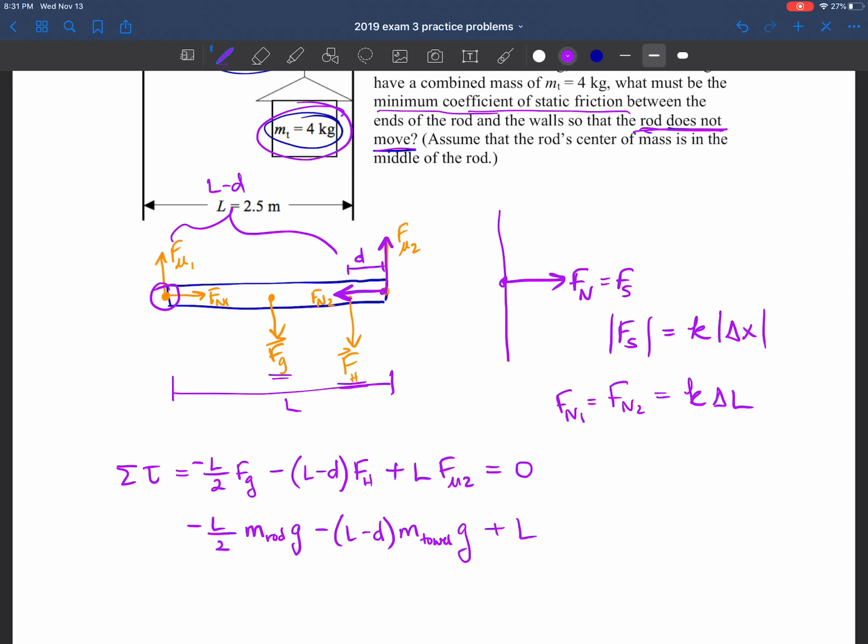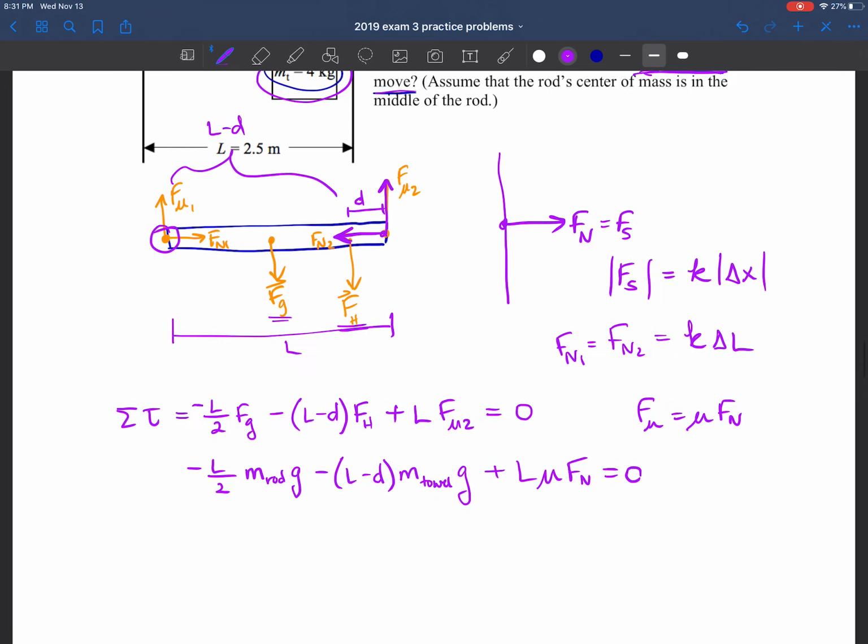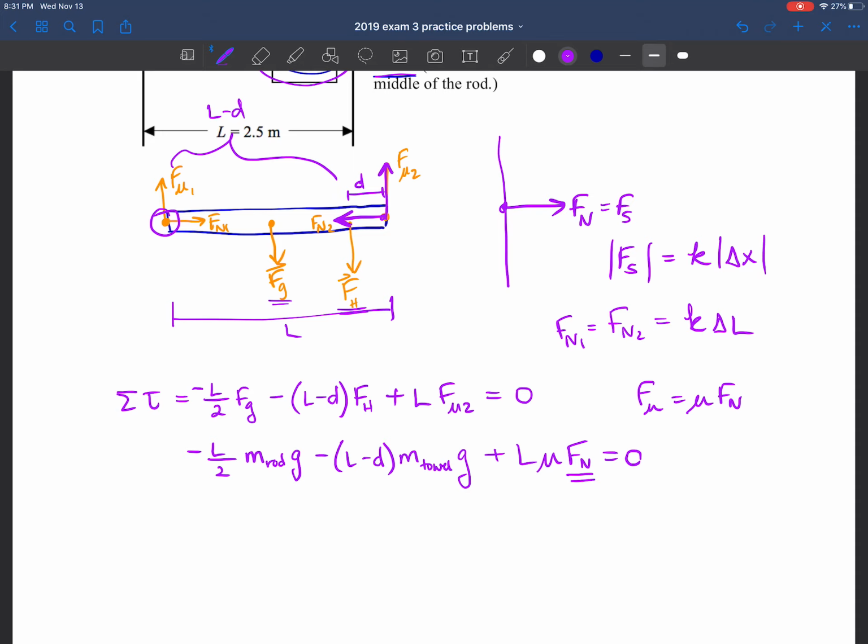Then we have to add L times the friction force. We know that the force of friction is mu times the normal force, so we multiply by mu Fn. That has to be equal to 0. And then we said the normal force is K delta L.